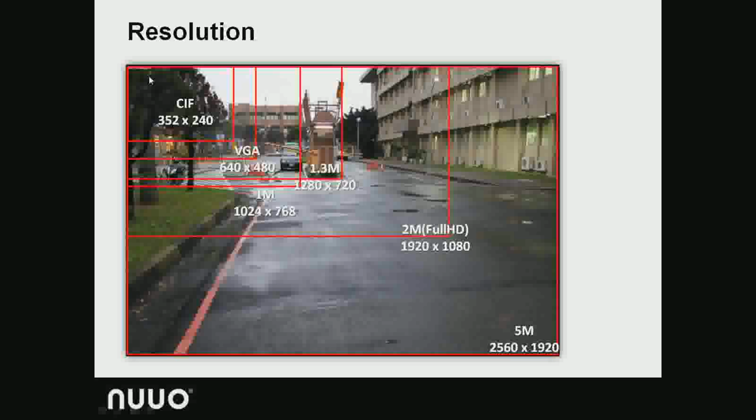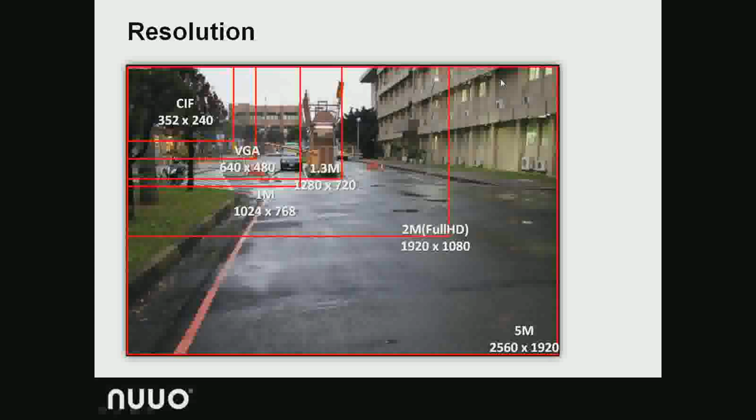For example, the 2 megapixel resolution is a width of 1920 pixels and a height of 1080 pixels. In other words, it contains 1920 pixels from left to right and 1080 pixels from top to bottom.